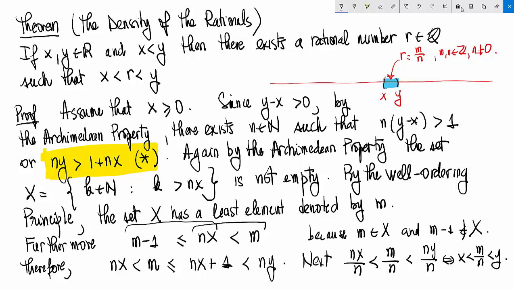Okay. All right. So then this gives us exactly what we want. So the result is true because m is a natural number, n is a natural number, so m over n is a rational number, and we have just constructed a rational number which is sitting in between x and y. Okay.